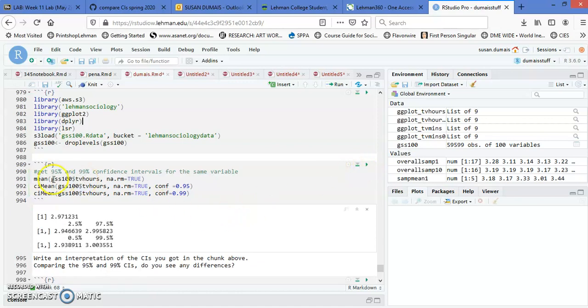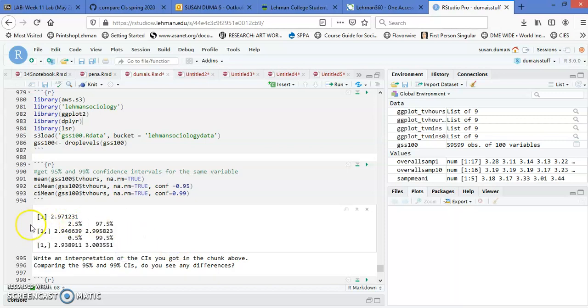So I chunked it. The first command just gives us the mean. Remember, the mean is just a descriptive statistic. It tells us about our sample, and it tells us that within our sample, the mean hours of TV are about 2.97 hours per day. The next two are our confidence intervals.